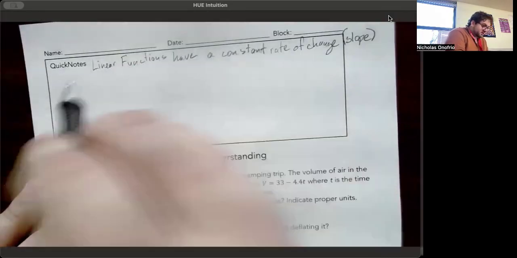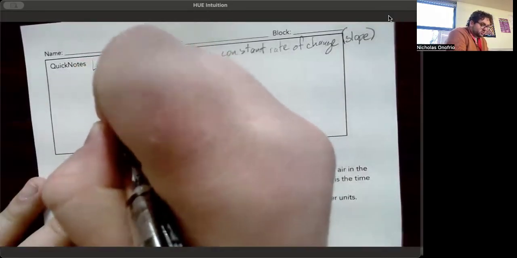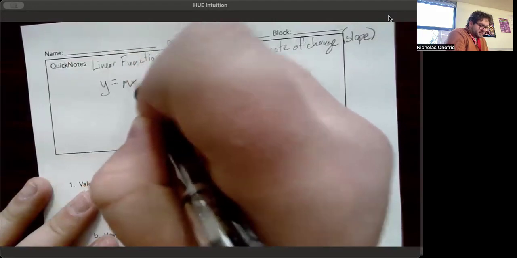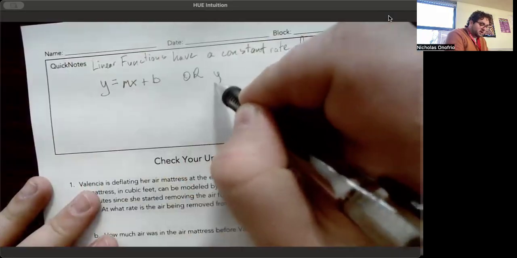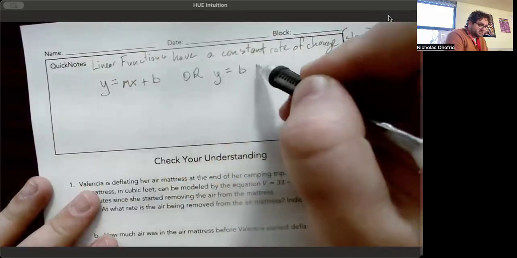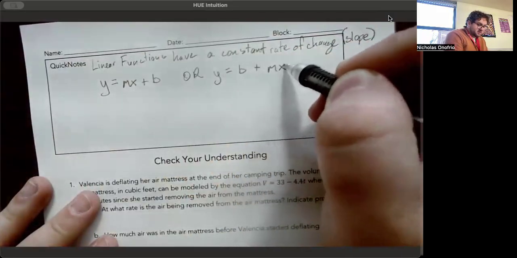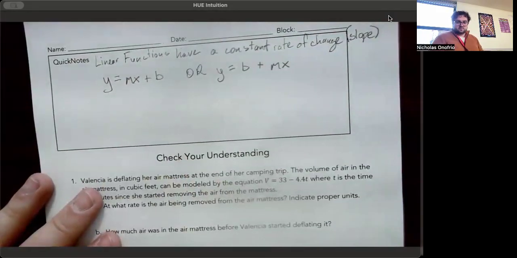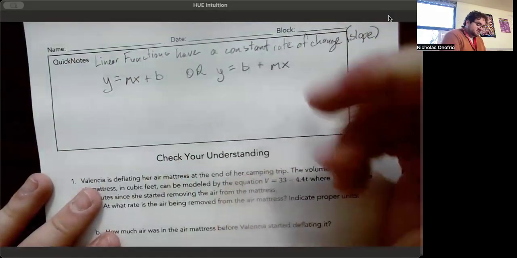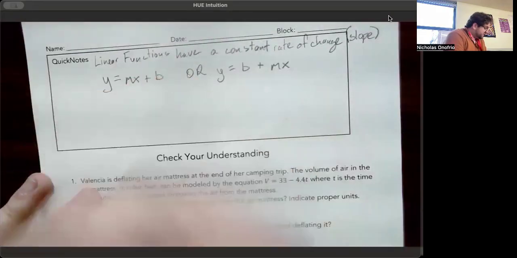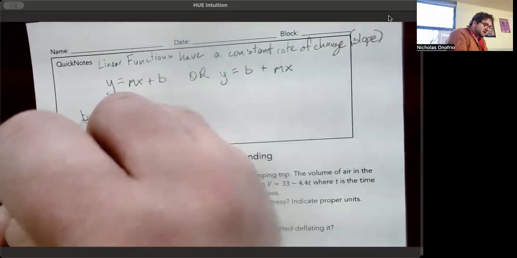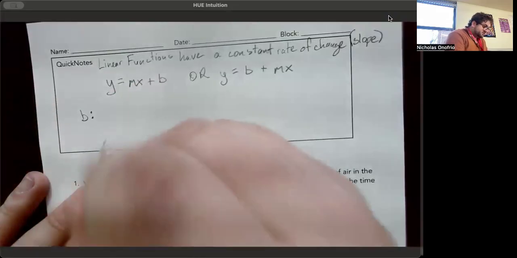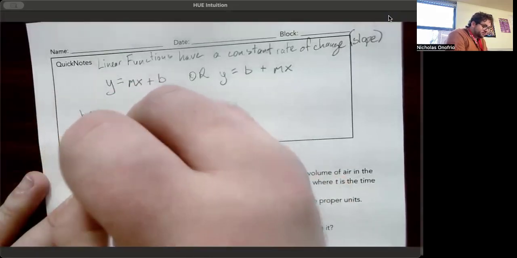And they are written in the form y equals mx plus b, or y equals b plus mx. In this case, b and m both have different representations. b represents our starting value.